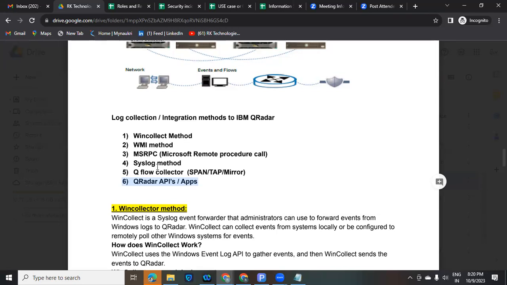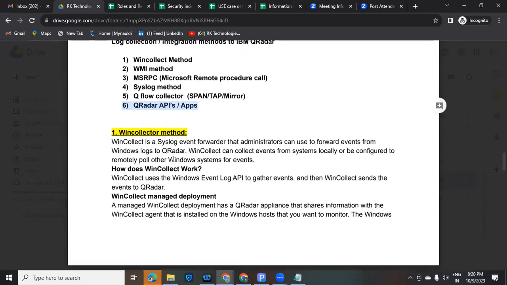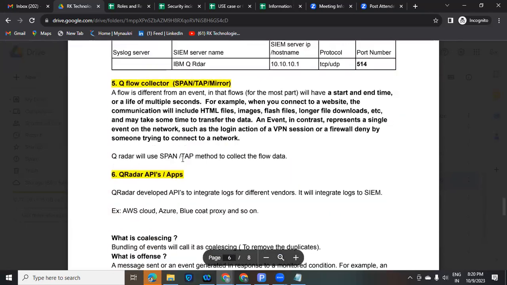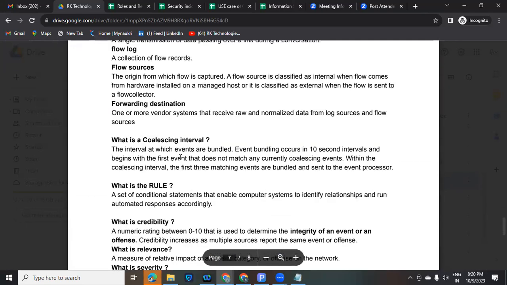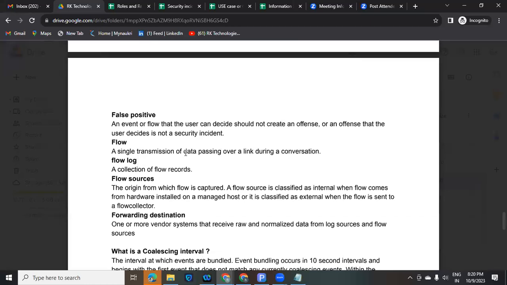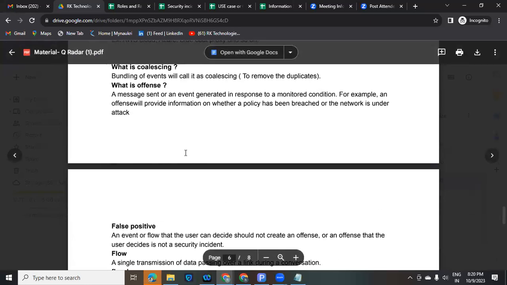Fourth one is the syslog method. Fifth one is the flow collector method. So these are all the different types of log integration methods supported by IBM QRadar. All those integration methods I also provided. Please go through this. But my notes are very simple compared to the high vocabulary in the administrator guide.